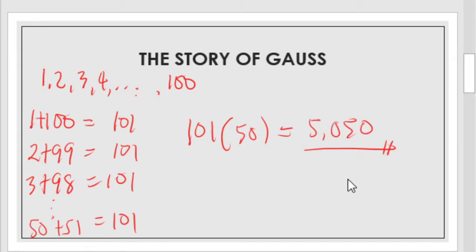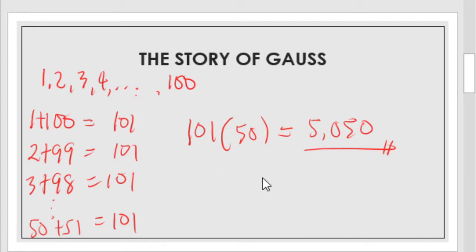Amazing Gauss, right? At a very early age, as a 10-year-old kid, he was able to find a shortcut to this problem. I'm a high school teacher, and even if I gave this to my high school students, I don't know, maybe some, but most of them probably would not see the pattern.